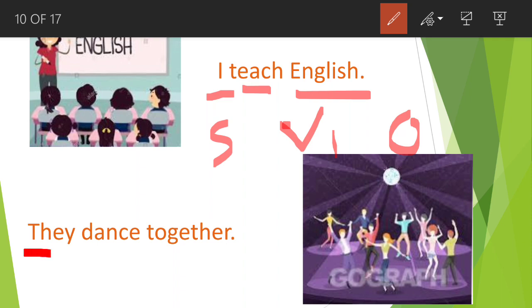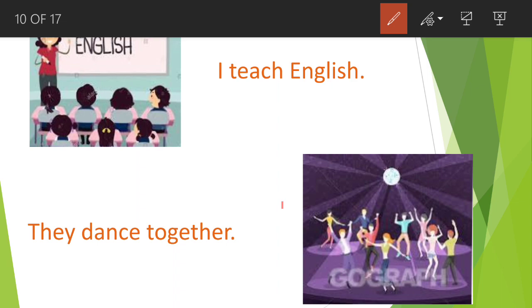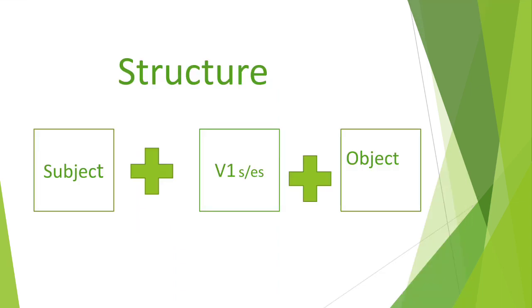In this sentence, they is the subject, dance is the verb first form, and together. So what is the structure you find out here? Subject plus verb with S or ES plus object. So right now, write two sentences using this structure.